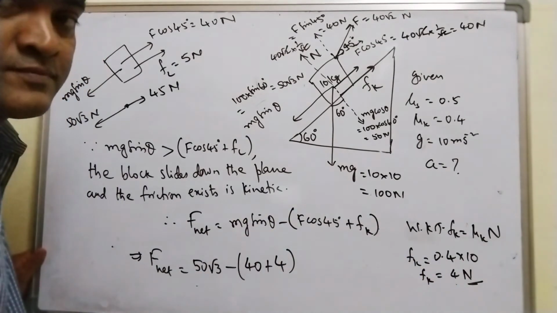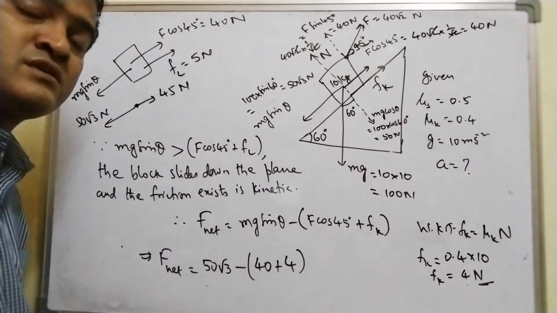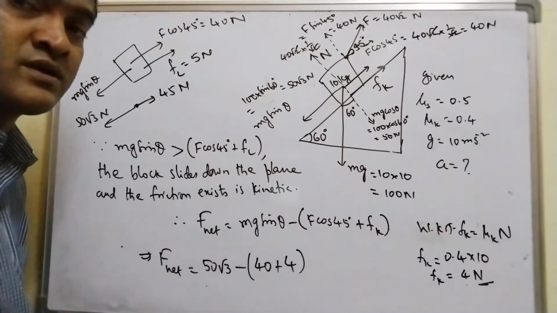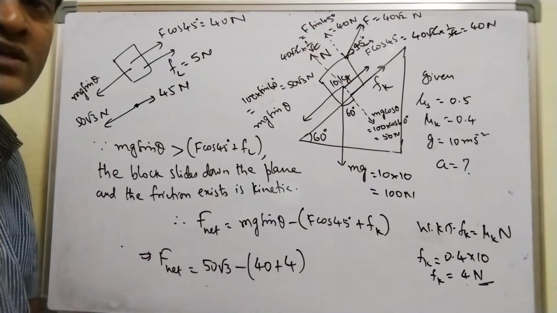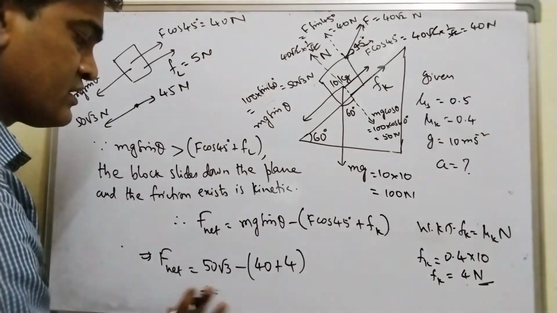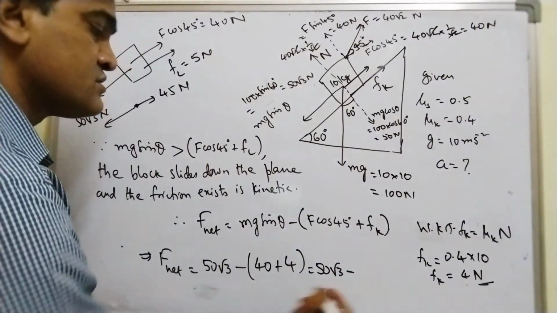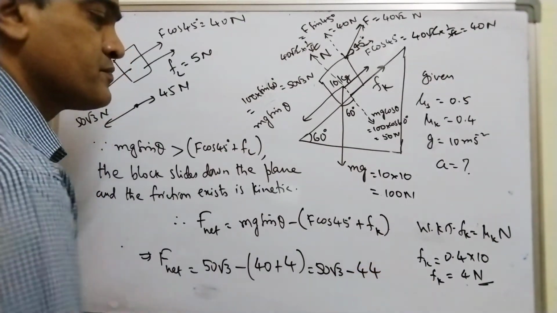Don't take FL there. Limiting friction will come into picture only when the block is about to slide down. But here we have decided the block is sliding down the plane. So finally what I get is 50 root 3 minus 44.